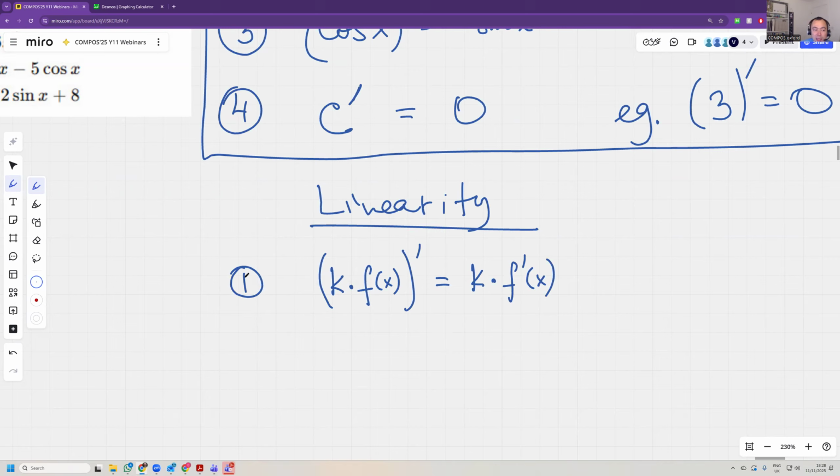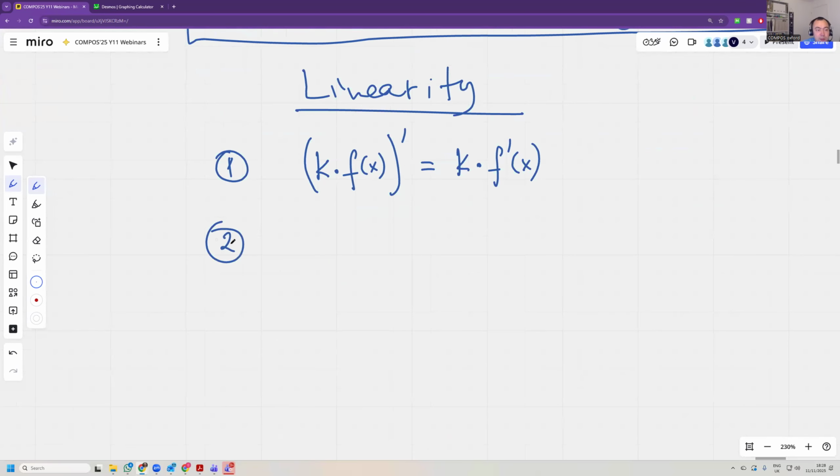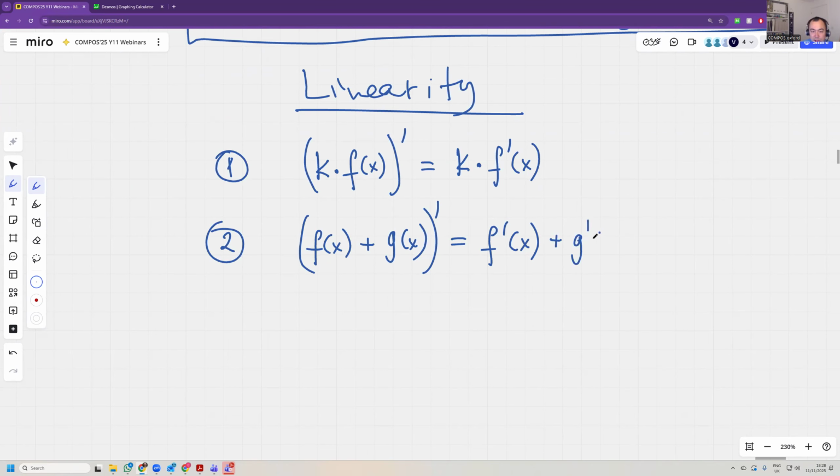So if you have a constant times a function, it's the same as multiplying the constant by the derivative, right? And two, if you have f of x plus g of x, two functions, and you're trying to find the derivative of a sum, it's the sum of derivatives: f dash of x plus g dash of x.